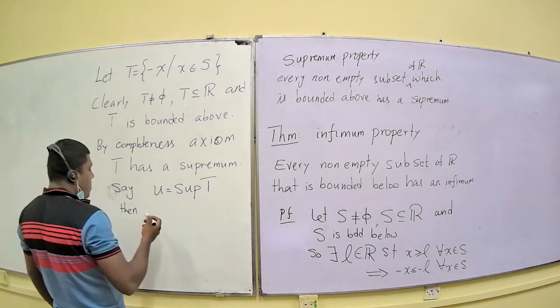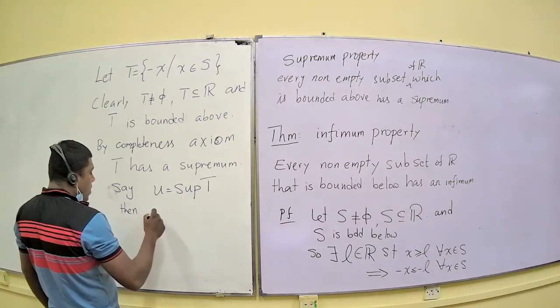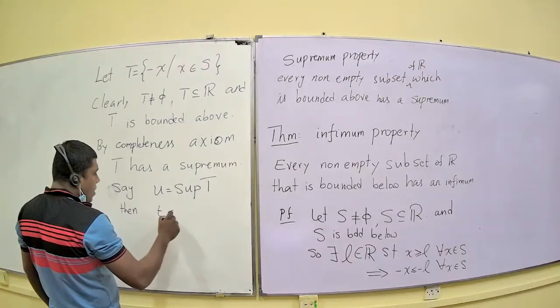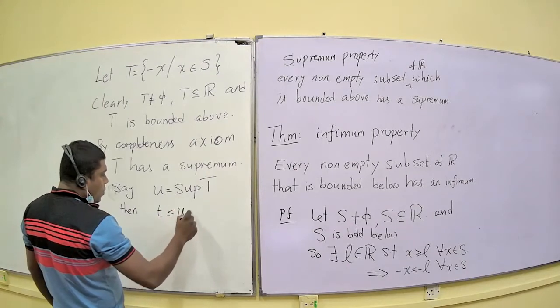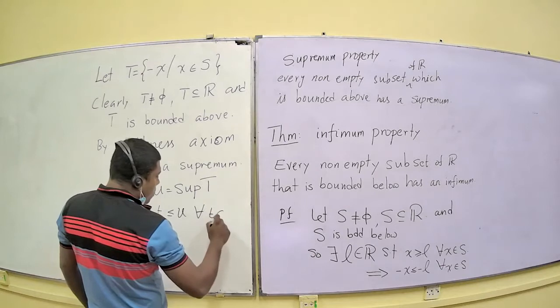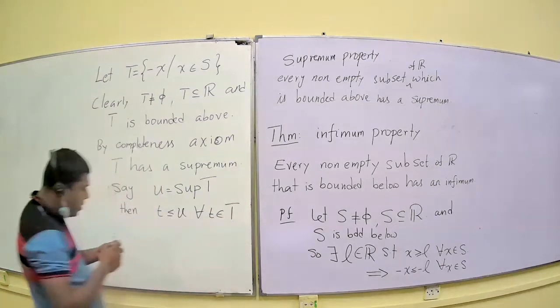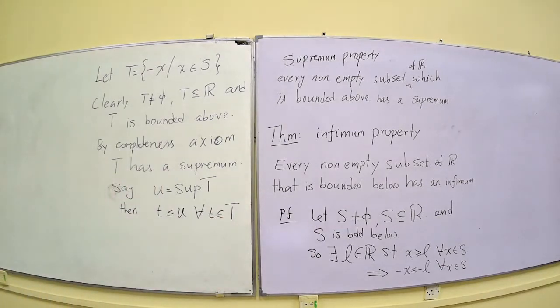So let me name some terminology. Then t is less or equal to U for all small t belonging to capital T. Because U is the supremum, it is an upper bound.